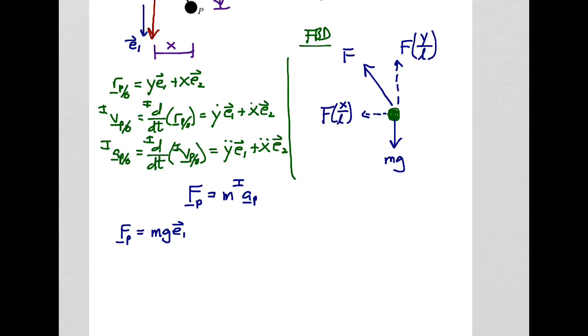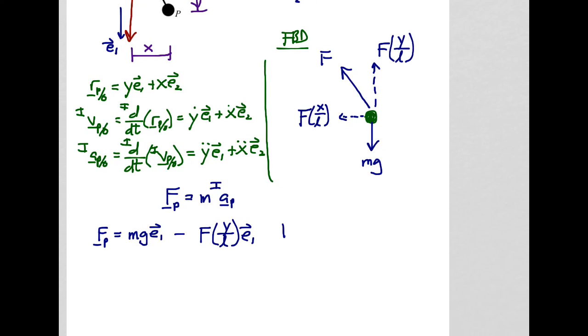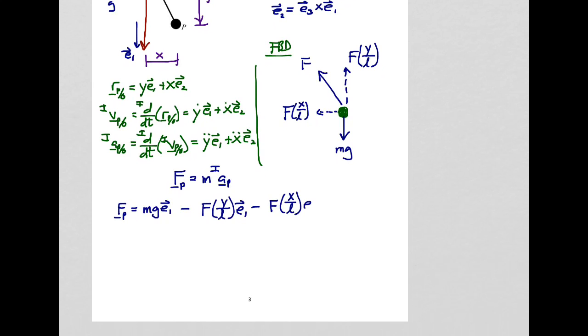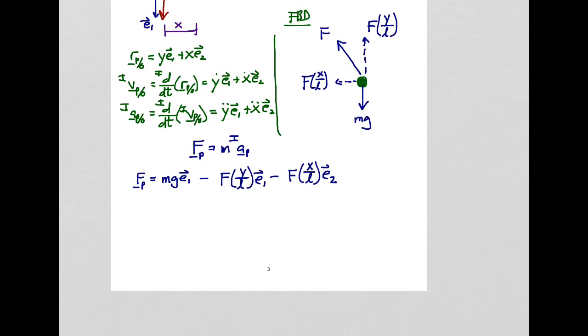So that means that this force here, F times y divided by L, there's our scalar, that's pointed up, and up is in the opposite of the E1 direction, so that's in the negative E1 direction. Our next scalar for our force, F times x over L, is pointed to the left as we see it, and so that's in the negative E2 direction. And that's our entire forces applied to point P.